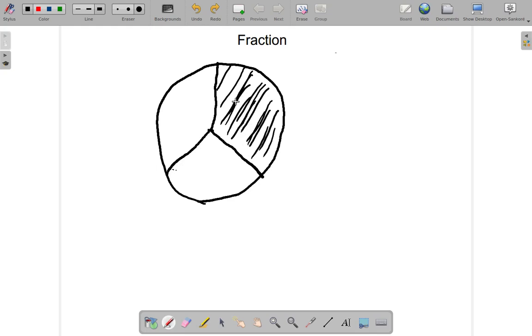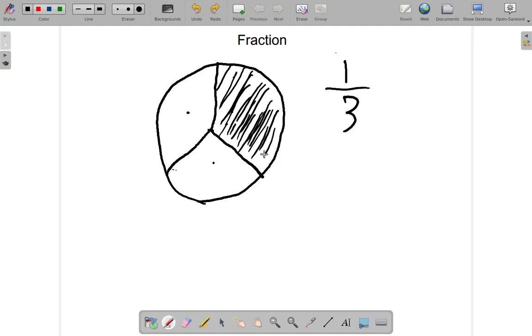There are 3 of us, and I get this portion. It's shared equally between all 3 of us, and I cut it into 3 equal parts, and I eat this portion. What fraction did I get? I get 1 part out of a total of 1, 2, 3 equal parts. You see that? I get 1 part out of 3 equal parts.